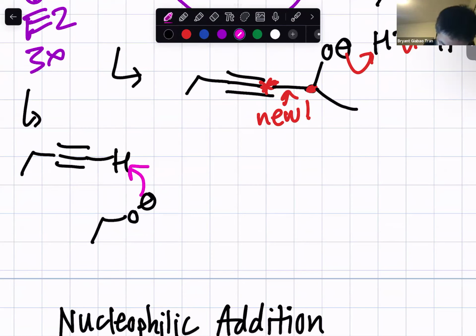So this will not happen because this base is not strong enough. We need NaNH2, which has an NH2 minus base that is strong enough. That's a stronger base, which can grab the hydrogen and go to this negative charge right here. So it's better to use the NaNH2. This is a weak base. Nice catch.